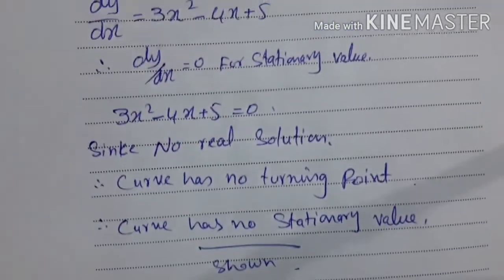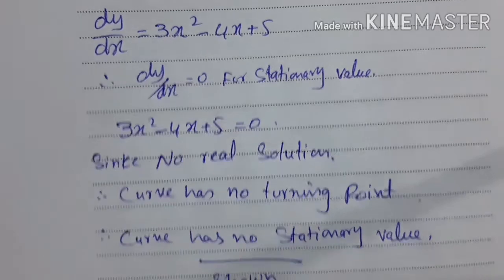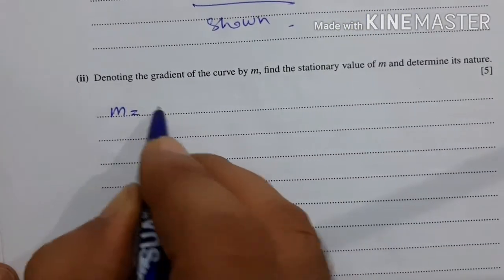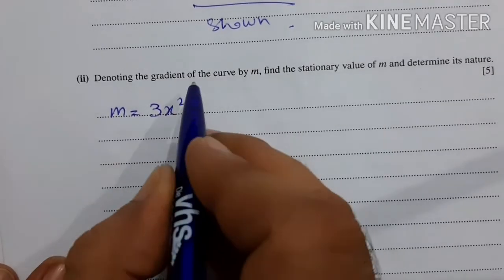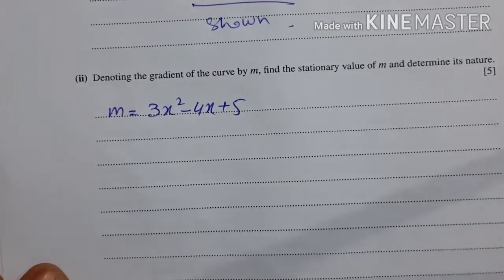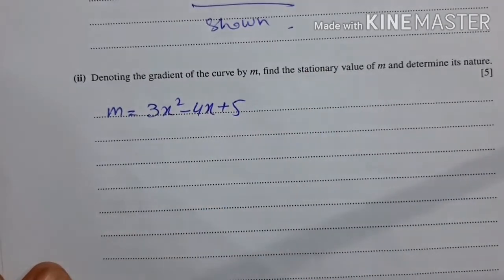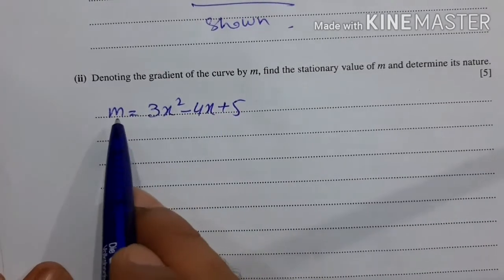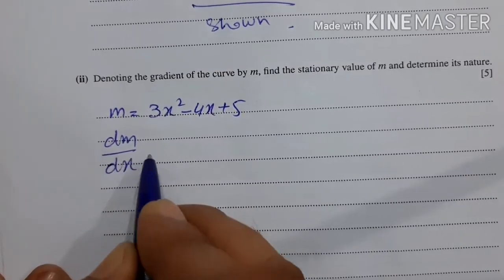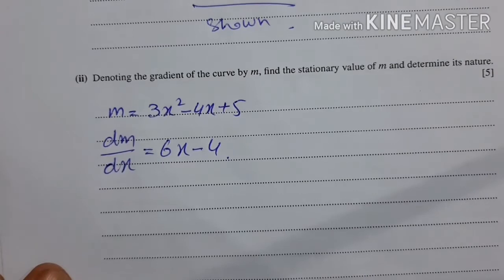Okay, the gradient is 3x square minus 4x plus 5, so we'll denote it by m. So m is equal to 3x square minus 4x plus 5. So for stationary value, again we need the gradient of this curve, means we need to find the derivative of this. So dm by dx is equal to 6x minus 4.